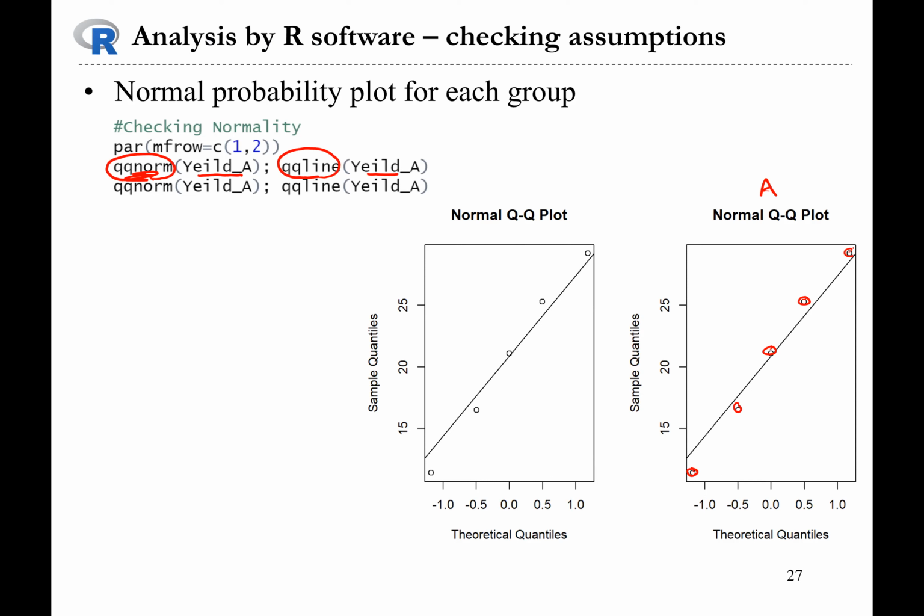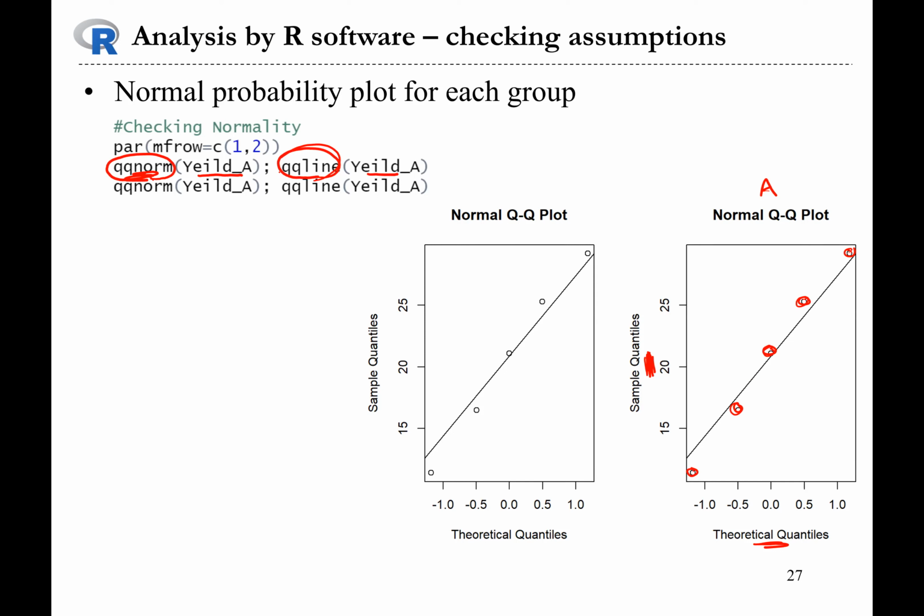If these circles make a straight line, it means normality is satisfied, because in this graph they compare your data to the standard normal data. If your data follows normal, the points should make a straight line. The dots should be very close to the straight line.